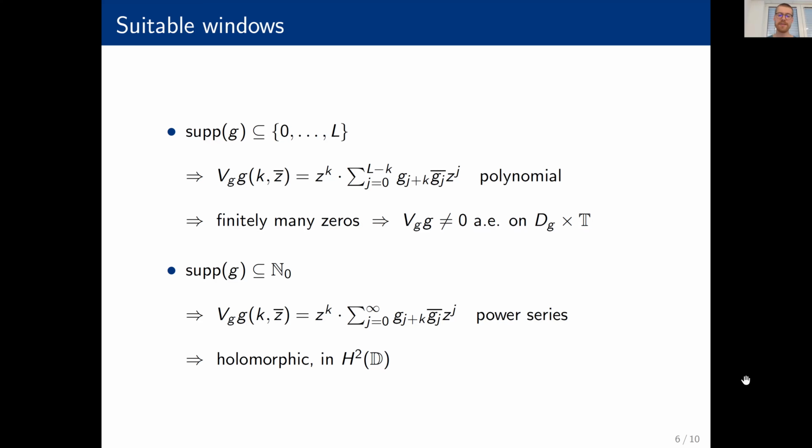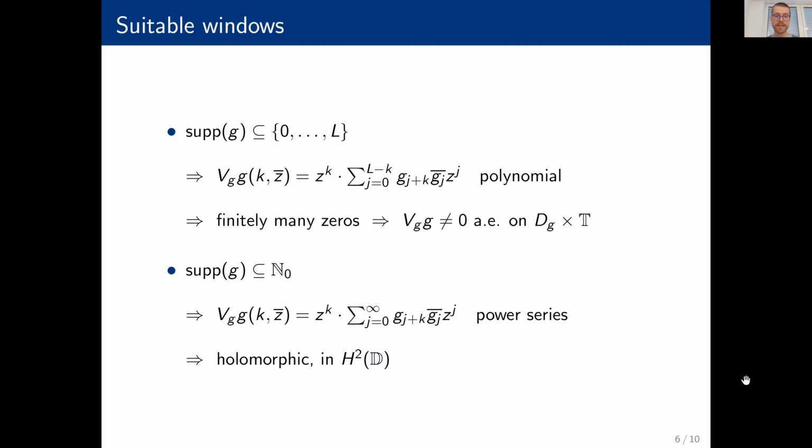And because of the decay of the coefficients of the window G, we know a little bit more, namely, that the function defined in that way is also in the Hardy space H2 of the disk. And the nice thing about Hardy spaces is that some properties of the holomorphic functions carry over to the boundary.